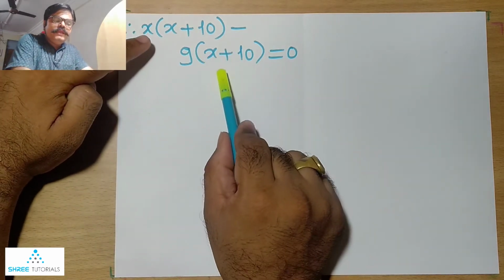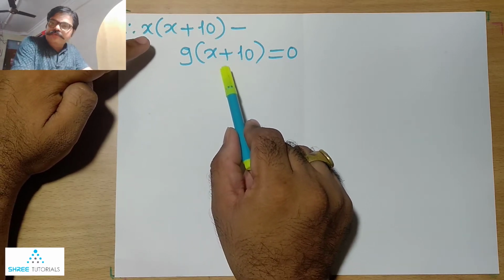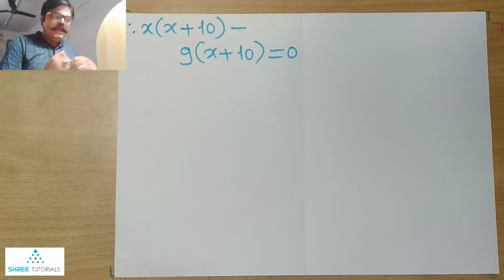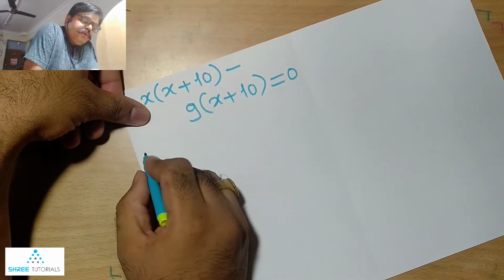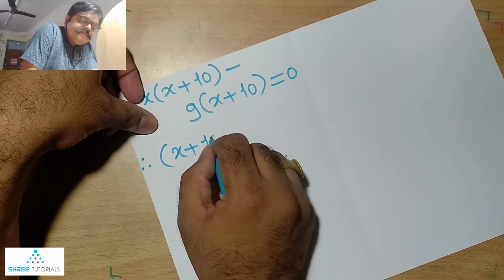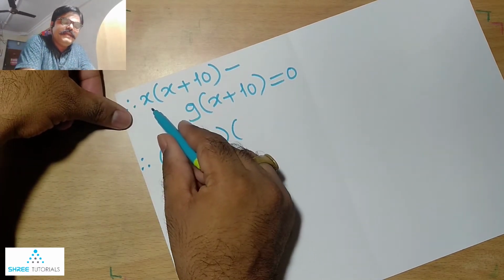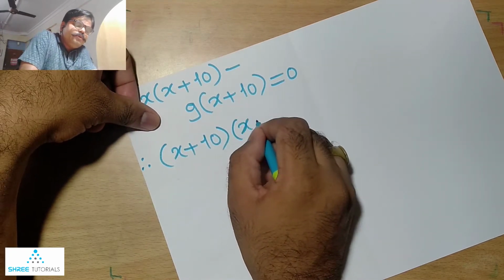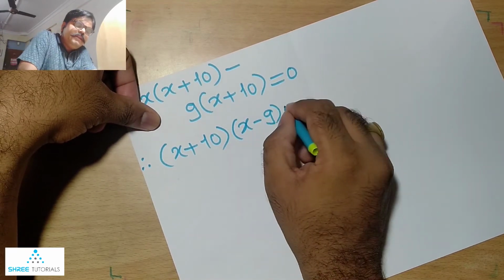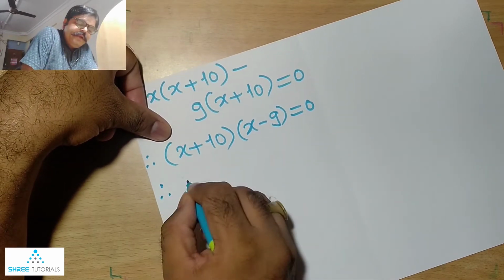Kindly note, these two brackets are exactly matching with each other. So out of them I am going to select just one, that means x plus 10, and the second bracket will be occupied by x minus 9. So x plus 10 times x minus 9 equal to 0. One by one these brackets will be equated with 0.